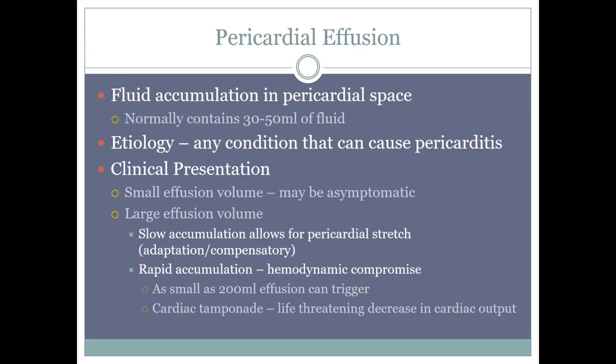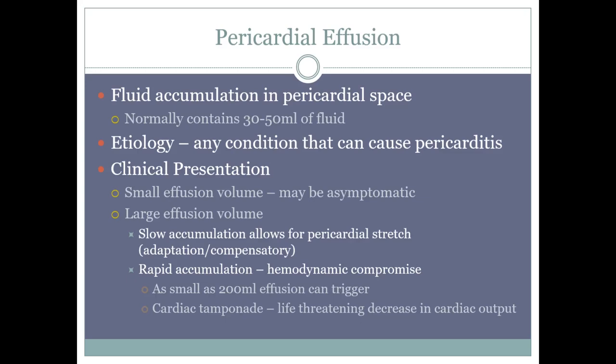It can make changes and function somewhat normally and be relatively asymptomatic. But if you have a rapid accumulation of that fluid, it may only be a much smaller volume that causes significant cardiac compromise. Okay? So here, if we have 200 mLs that accumulate slowly, it allows for adaptation, pericardial stretch, may not be symptomatic at all.